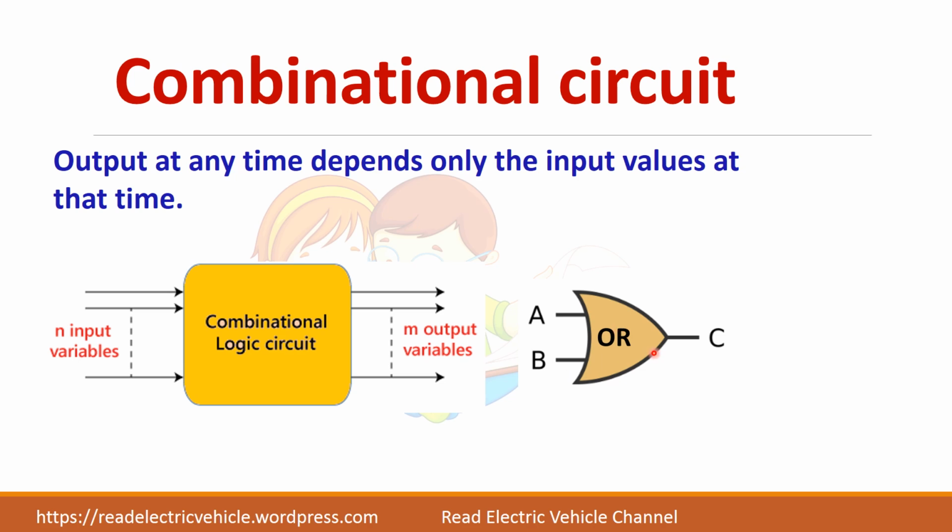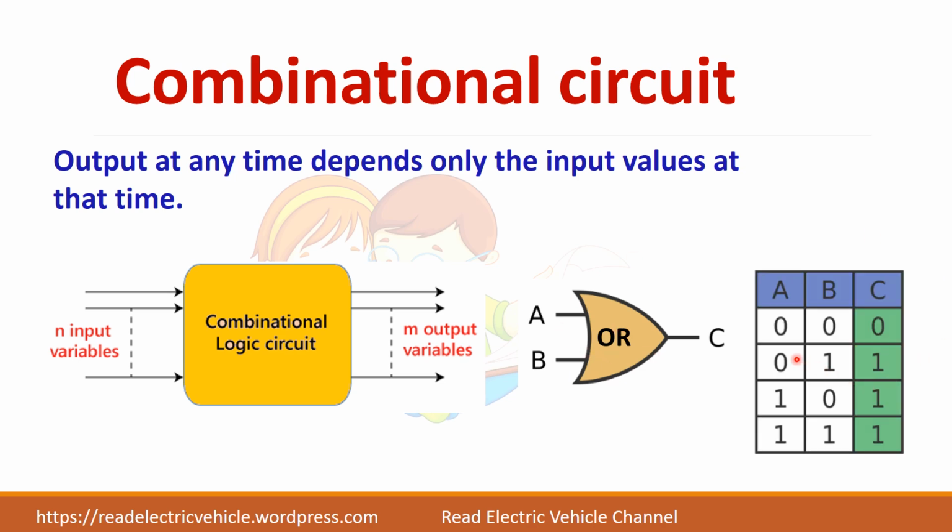I have taken an OR gate. So let us see the truth table of the OR gate. Here you see different input combinations of A and B. The input value keeps on changing: 0 0, 0 1, 1 0, 1 1. So your input can be anything. For each input combination you can find the output.